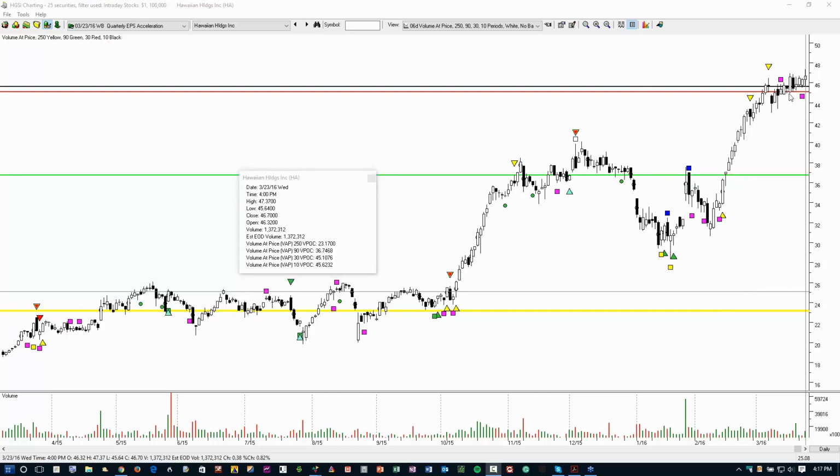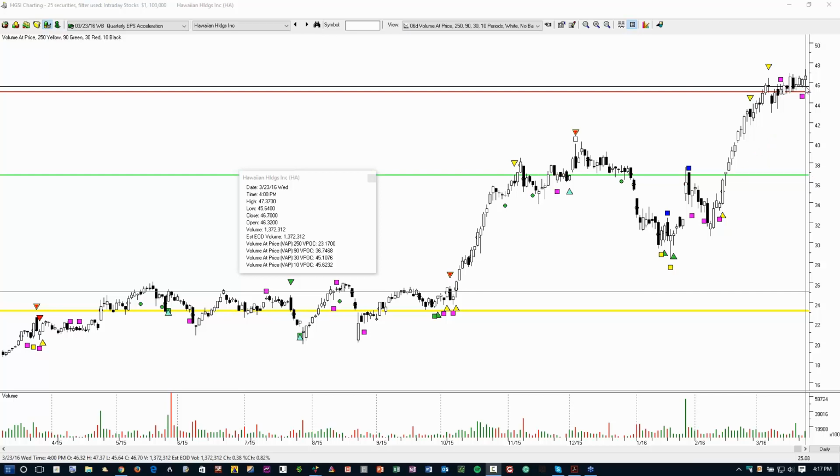Now when we get into the much shorter time period, the volume point of control obviously is going to be a lot different. I'm sorry, this is a 90 here. I said it was a 30, but you can see that it had to be the 90 because there just wasn't that much activity there. So during this period, this is the 90 period, and then there's the 30, and then there's the 10 up here at the top.